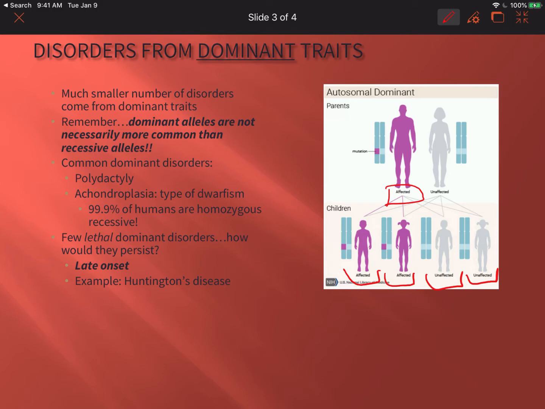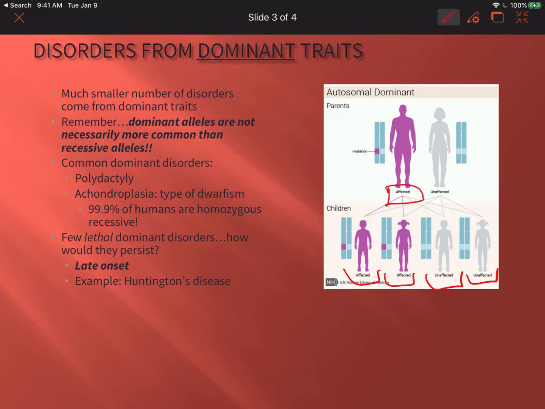So even an affected person, if they're heterozygous for a particular allele, can have unaffected progeny or children, but it's much more likely that you have an autosomal dominant disorder be passed on from one generation to the next.